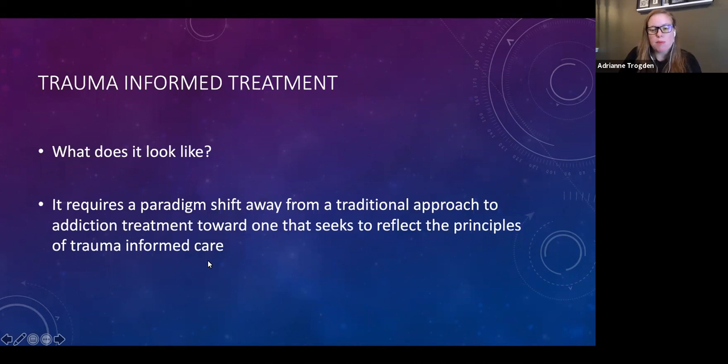So both the trauma and the addiction at the same time in an integrated manner, which is really a big departure from what we consider to be traditional approaches to addiction treatment, which is very abstinence-based, 12-step based. And not that any of that is bad or wrong, it's just not necessarily helpful for clients that have a significant trauma history as well, that they need a little bit more integrated treatment, and that's not often found in some traditional approaches.